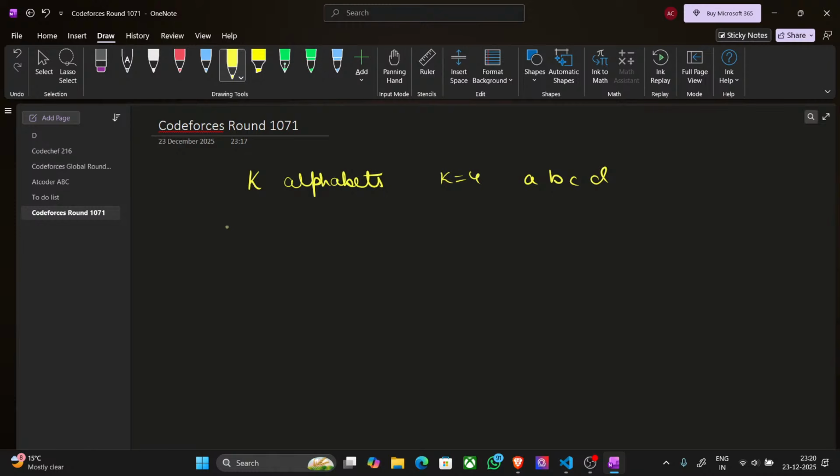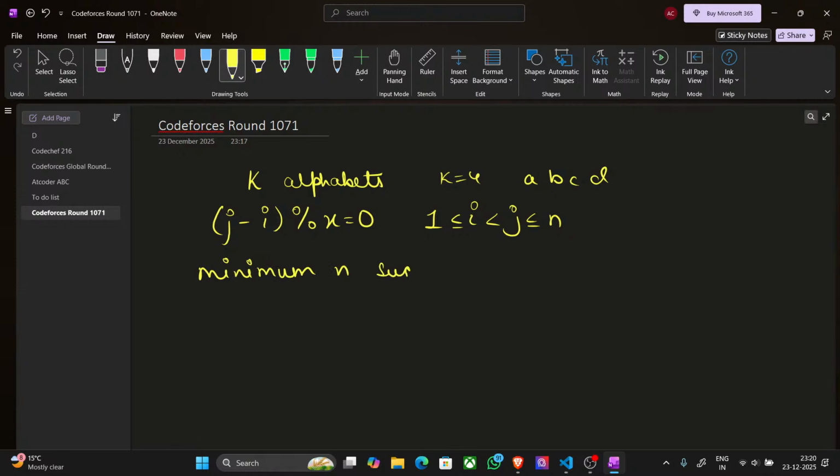They are also saying that for two indices, j minus i modulus x should be equal to 0, with 1 less than or equal to i, less than j, less than or equal to n. Now you need to find the minimum length n such that the password is invalid.